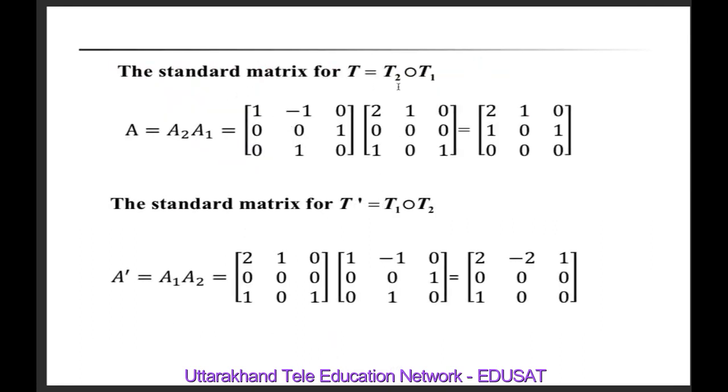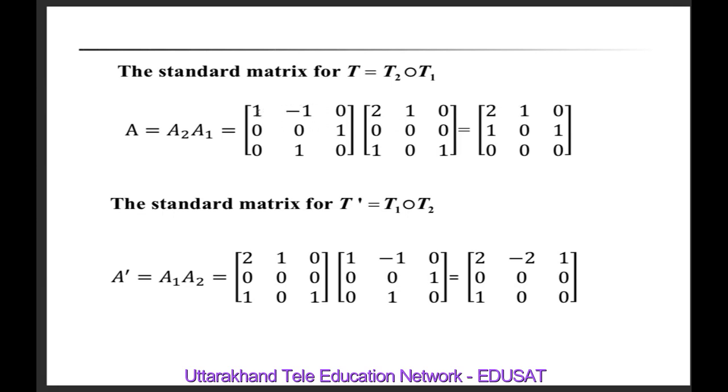So the standard matrix for T2 of T1 is nothing but A2 A1, the simple multiplication of A2 with A1. A2 we found to be 1, minus 1, 0; 0, 0, 1; 0, 1, 0. A1 we found to be 2, 1, 0; 0, 0, 0; 1, 0, 1. If we multiply these two matrices with the usual multiplication of matrices, first row with first column: 1 into 2, minus 1 into 0, 0 into 1, we get 2 here.